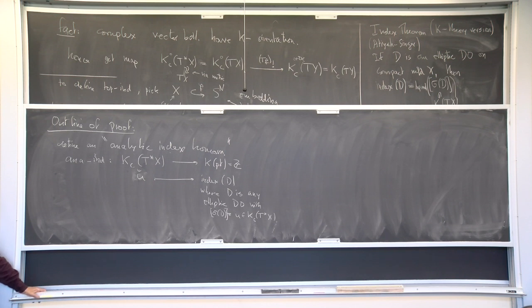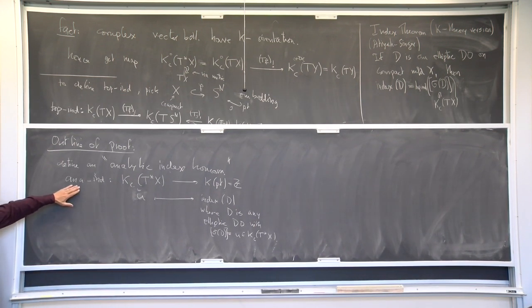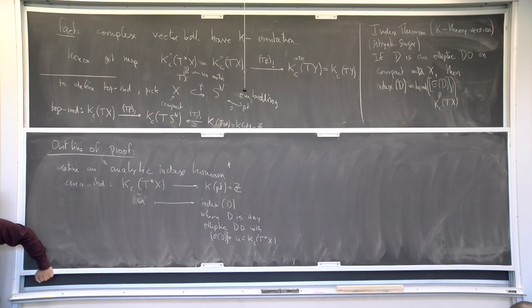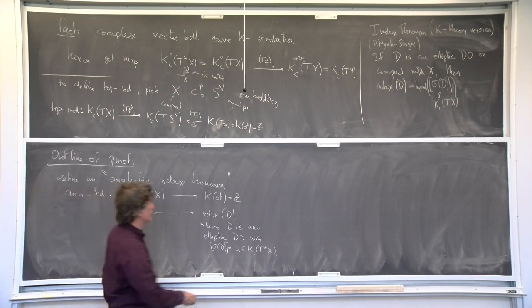And so the only question is, well, can you, for every element in this K-theory, construct such an operator? And that sort of means to do that. So then it's really boiling down to saying, well, you have these two totally differently defined homomorphisms, and you want to show that they are the same.